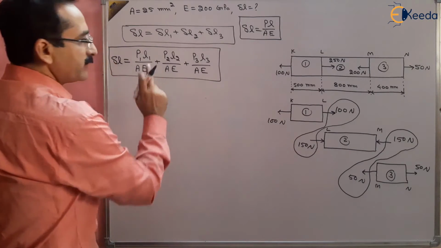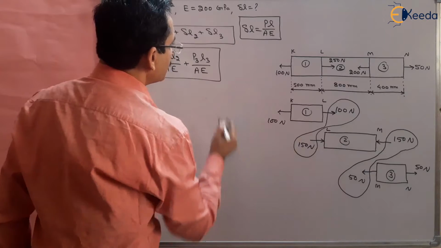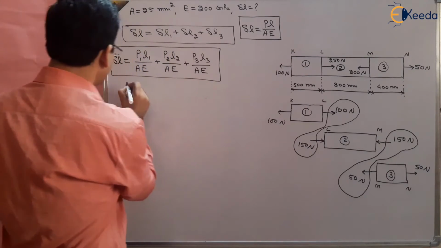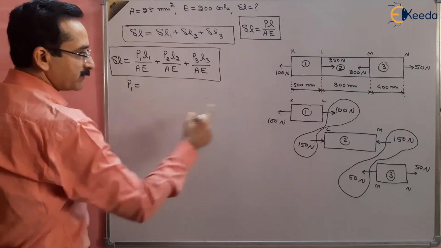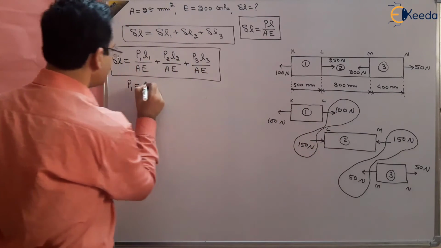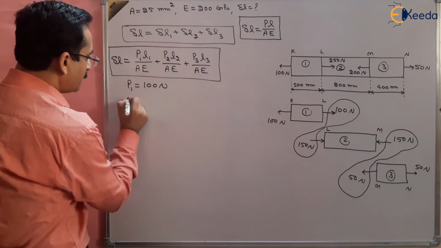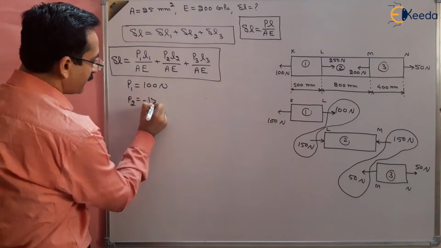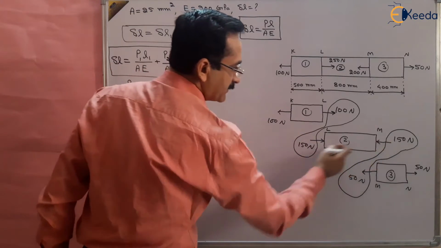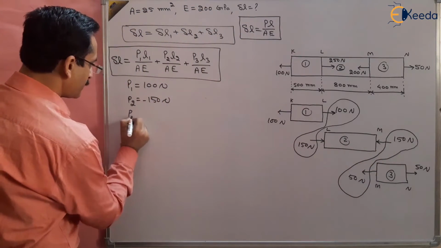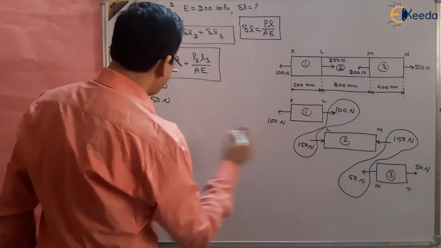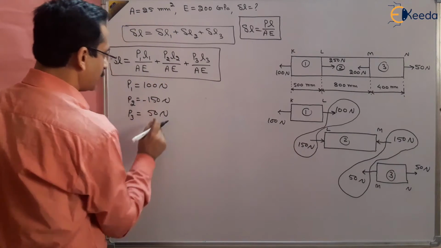Now P2 is negative, keep in mind, right? P1 is given to us, we have calculated that 100 Newton is there. It is tensile, we are taking it positive. P2 is minus 150 because it is compressive, and P3 is 50 Newton and it is tensile, right?